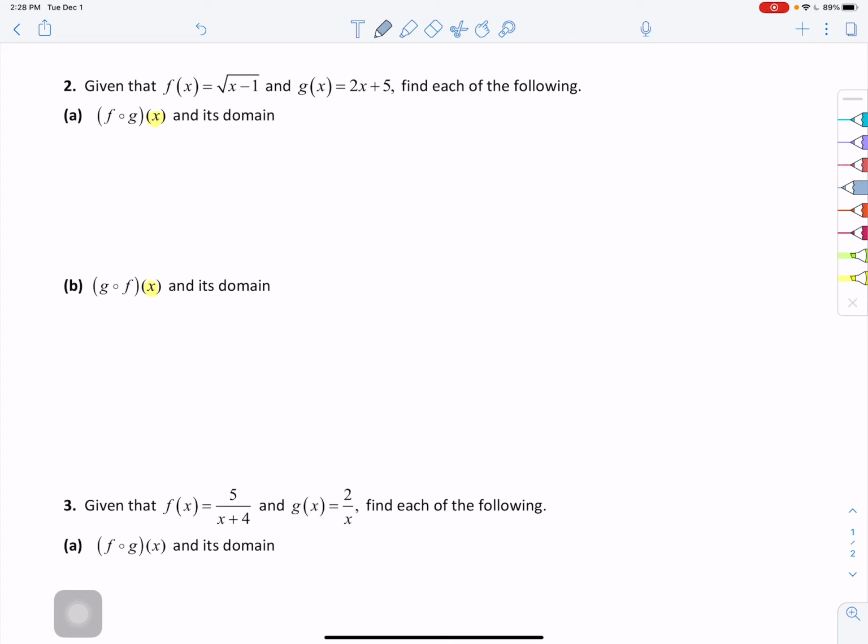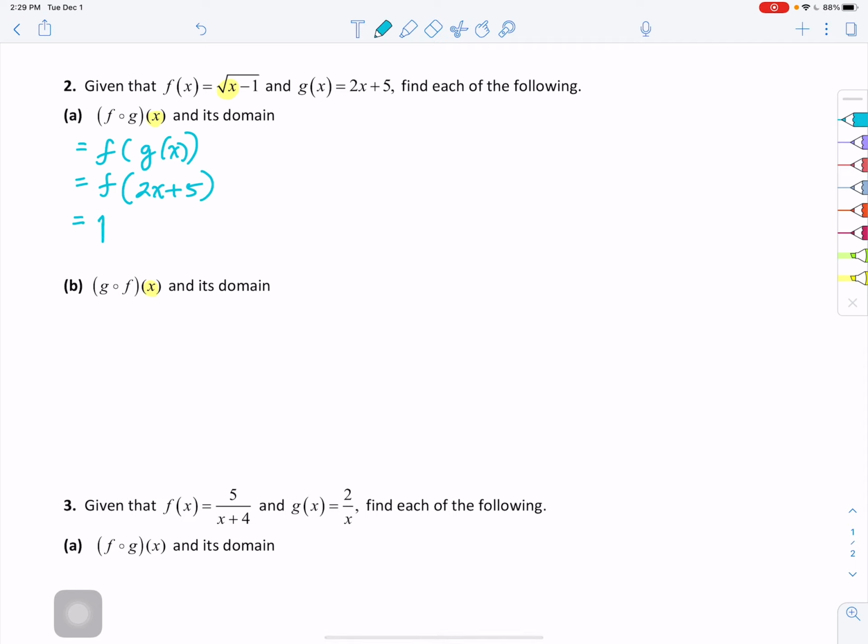So f composed with g of x by definition is f of g of x. F of, and you go find g of x and you write that down right there. Now, this tells us to go to the f function, and everywhere there's an x, we're going to put all of 2x plus 5.